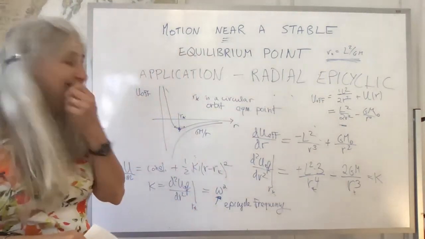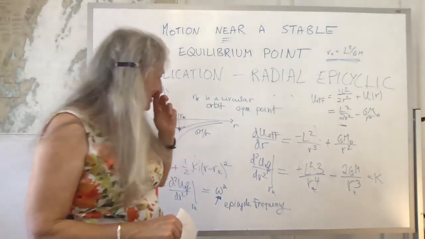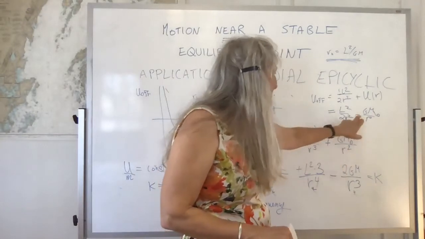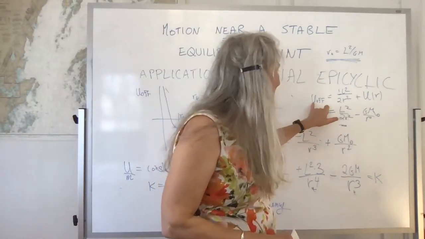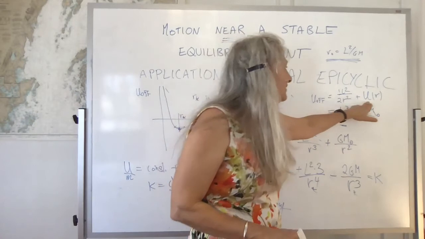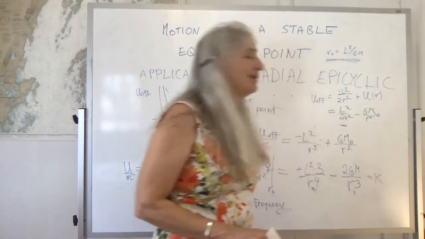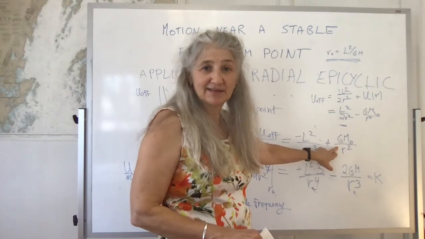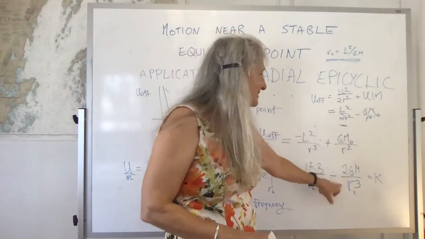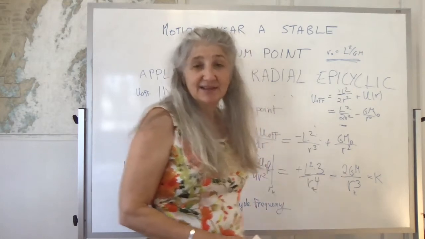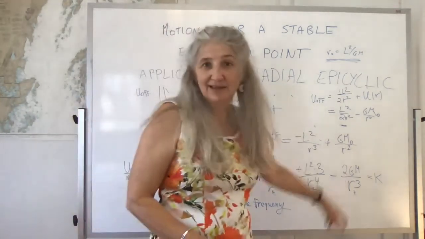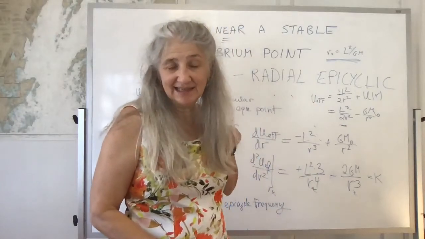In more general situations, if you write the effective potential, you don't necessarily have to put in GM over r here. This involves the first derivative of the potential without the angular momentum, and the second derivative of the potential. So if you had a particular potential, you could evaluate the epicyclic frequency for that setting.